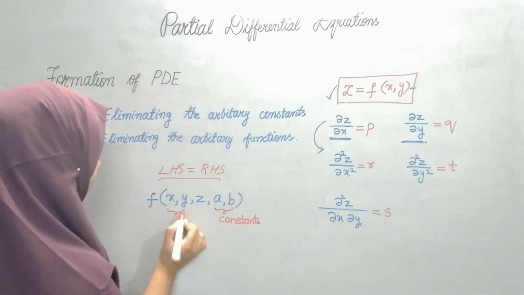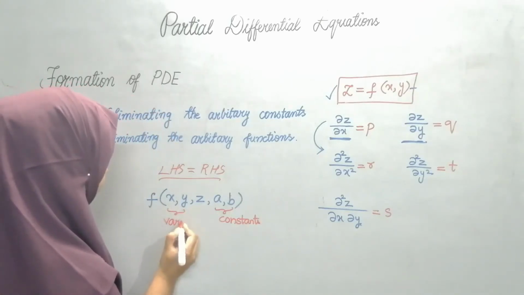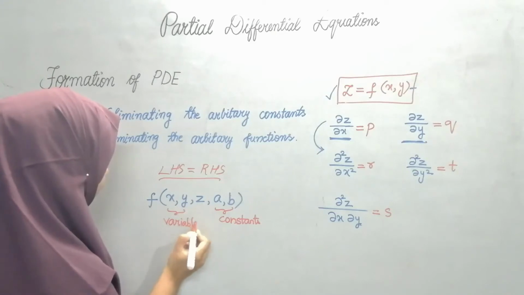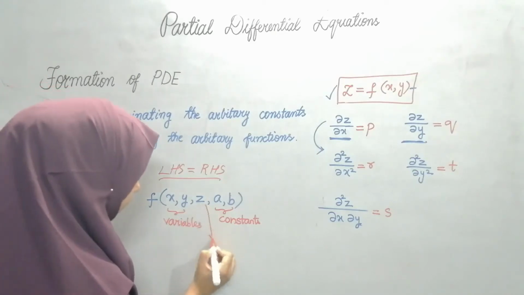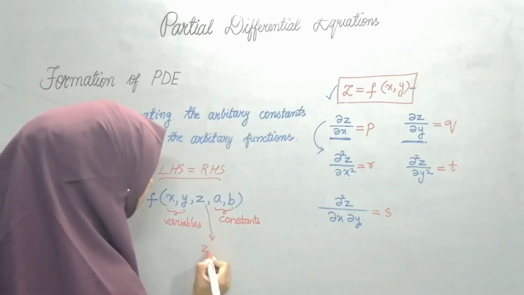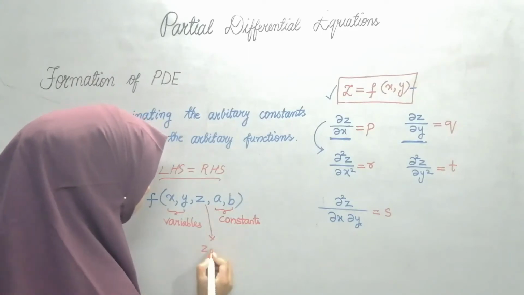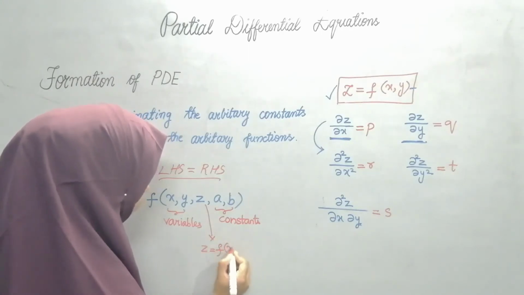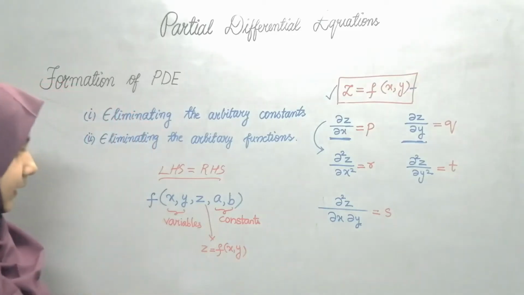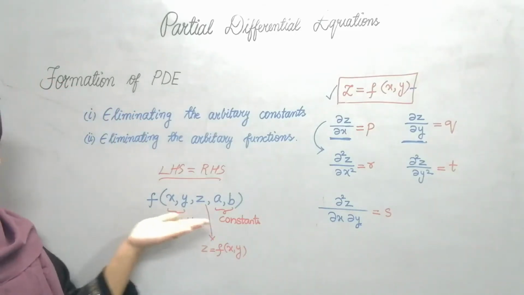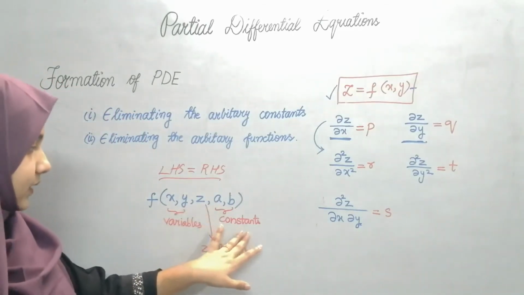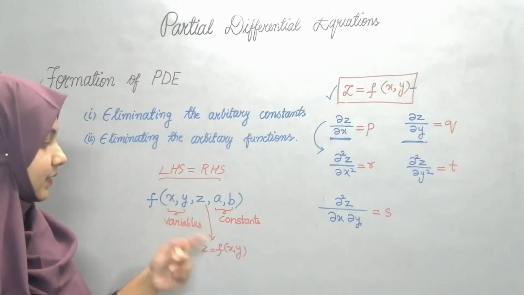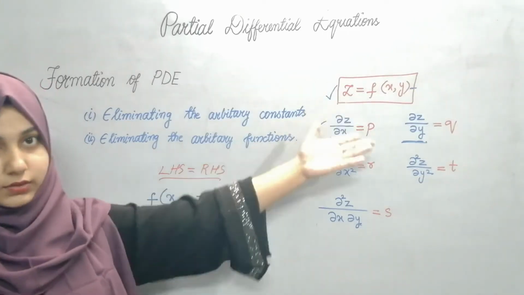This x and y are what? Variables. Okay, and this z we just saw, it is a function in terms of x and y. ठीक है, suppose मेरे पास एक function in terms of x, y, z, a, b. So a, b here are constants, x, y are variables, and z is a function in terms of x and y that we just saw.